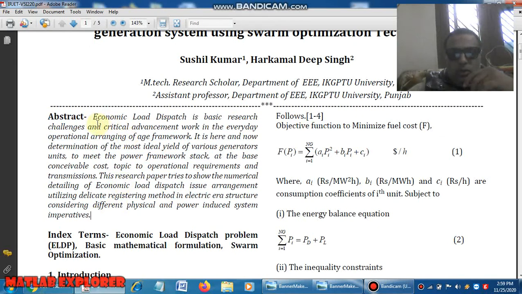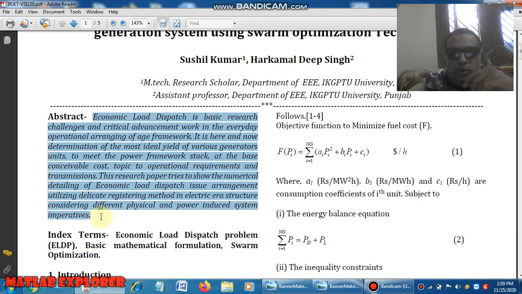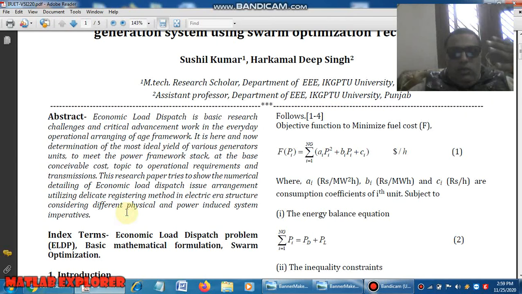The abstract gives you an idea about the layout of the paper, so what is actually present inside the paper. So it includes the problem statement, the methodology, and the results.